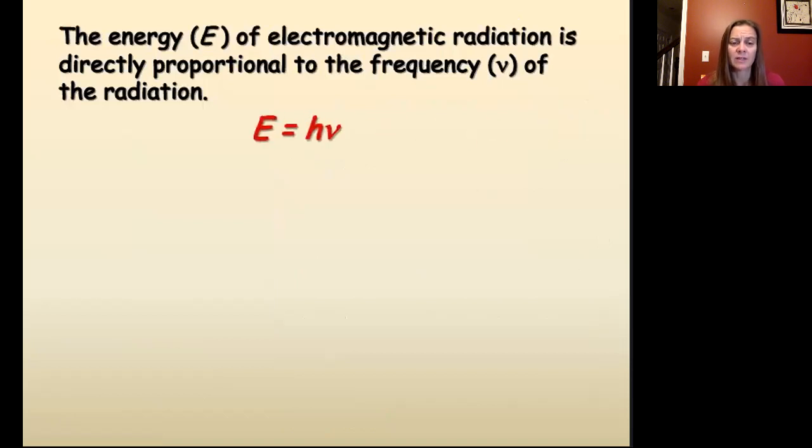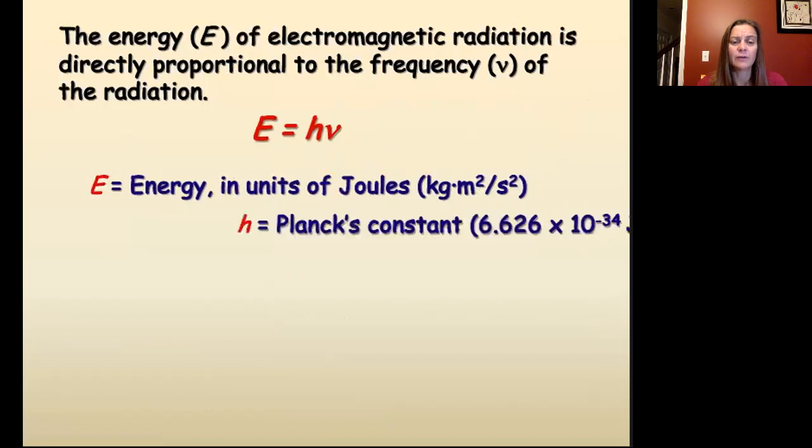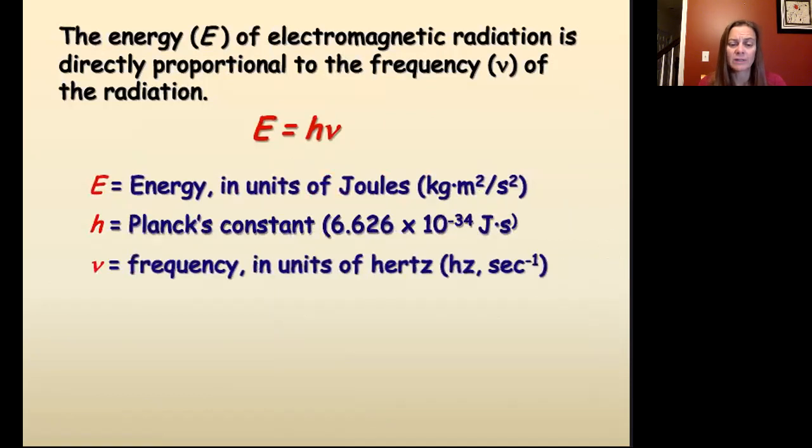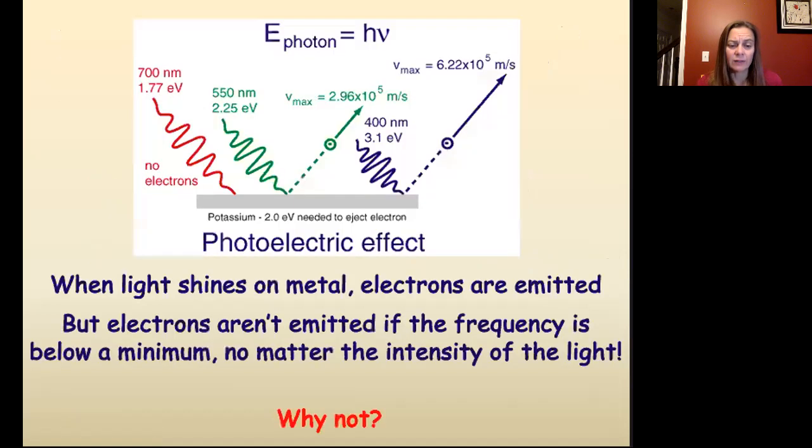And here's our equation again. E, or energy, is equal to Planck's constant, h, times nu, which is our frequency. Remember, frequency. And so if we go back to the photoelectric effect, the reason that light doesn't always eject an electron is that this red light with a low frequency doesn't have enough energy to knock that electron off.